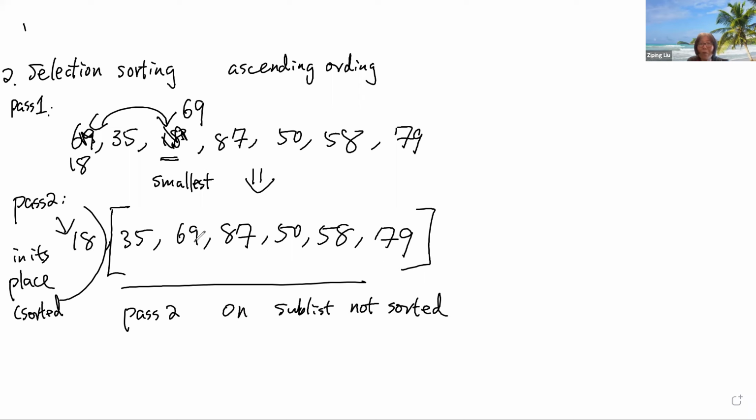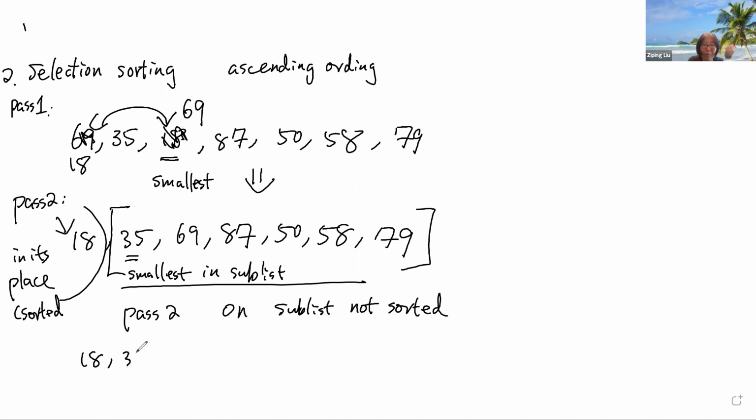And this time, who is the smallest? This is the second smallest, is it? So it's the smallest in the sublist. And it's supposed to be where? Supposed to be here. So it's already in its place, is it? So no swap is needed at this phase.